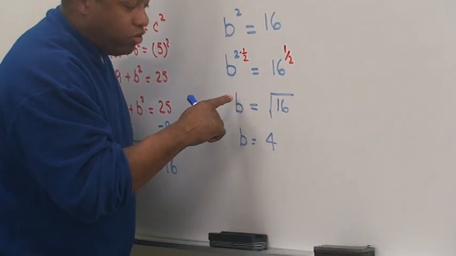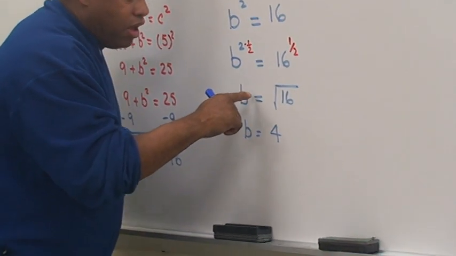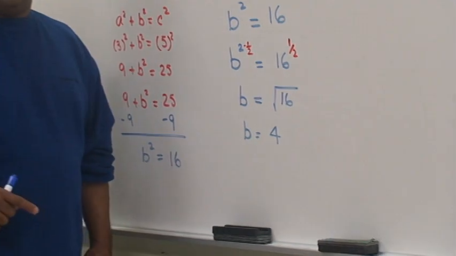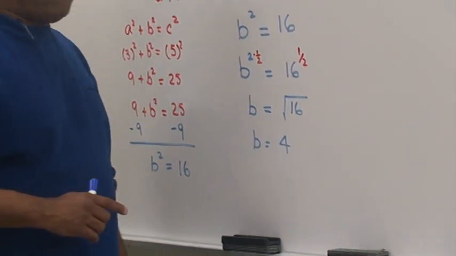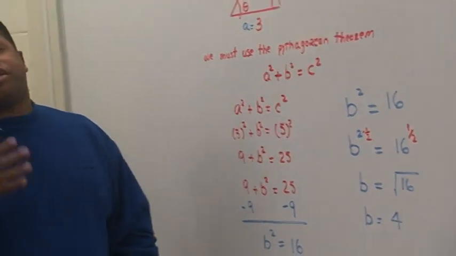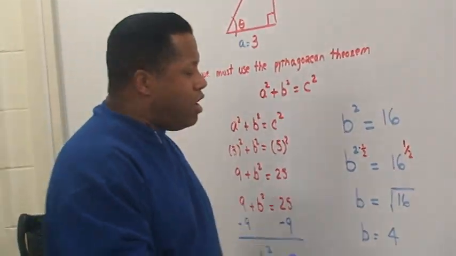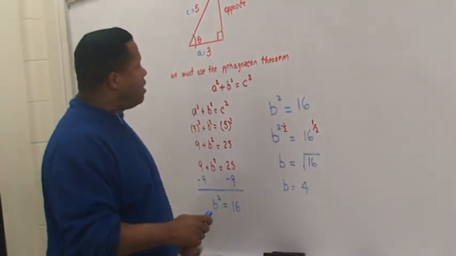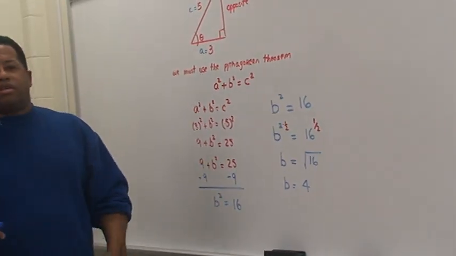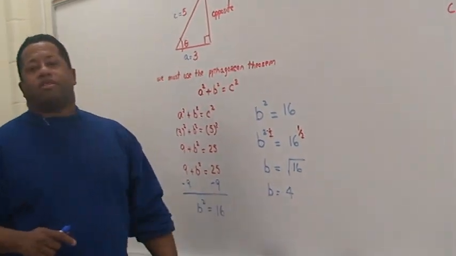So it would be B to the first, so it would just be B, is equal to the square root of 16. The square root of 16 is 4. So B is actually positive 4. Usually, when we represent square roots, it's plus or minus, but since distance could never be negative, B is positive.